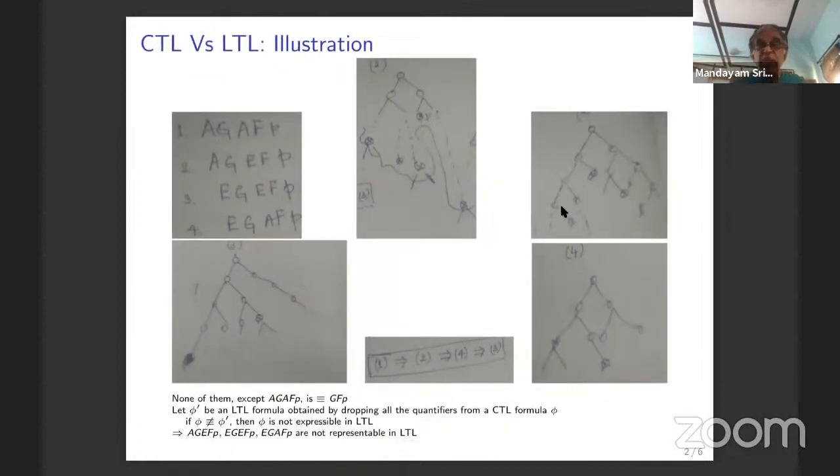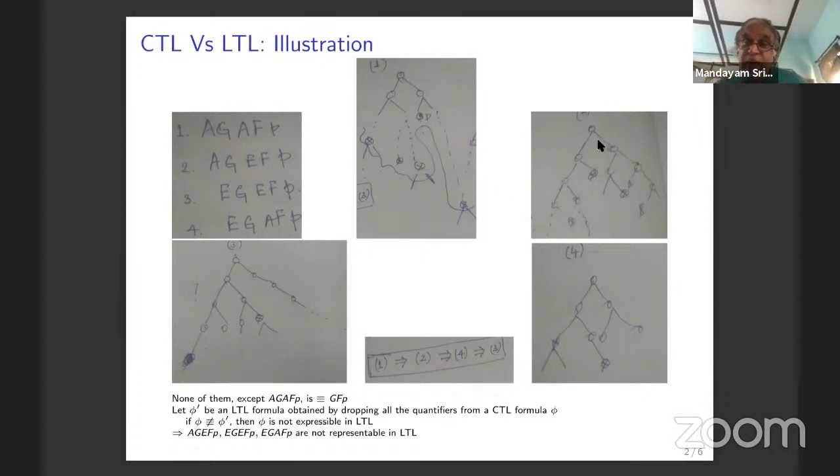And whereas for AG of EF of P, it is kind of indicated in this situation. So here, on every path, it has to be globally true that every state there has to be, they only need to exist one path in which P holds good.